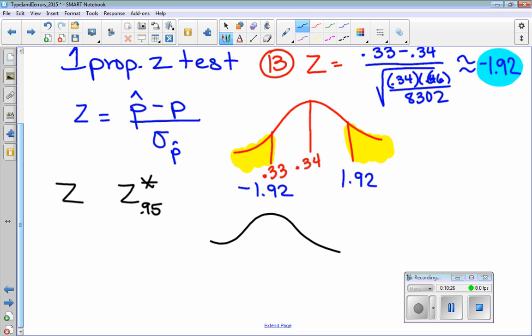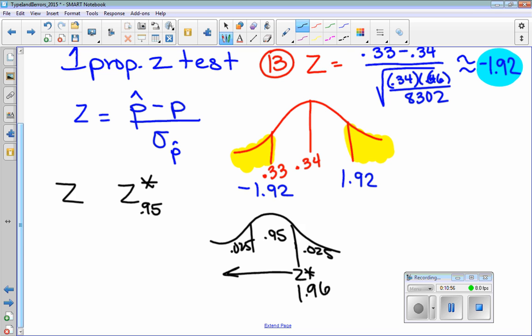If you have 95% in the middle, you have 0.025 on either tail, and you want to find the z star associated with that. Inverse norm. This is what we had to do before. If I do inverse norm of 0.975, because we're including one of the tails, you should get 1.96.